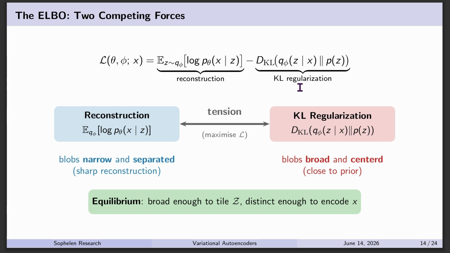But there's also the KL divergence that wants each x to go to a blob that looks like a Gaussian. So one force wants to keep it distinct, and one force wants to keep it broad, right? We want it to be broad enough to tile the latent space, but distinct enough to encode x.